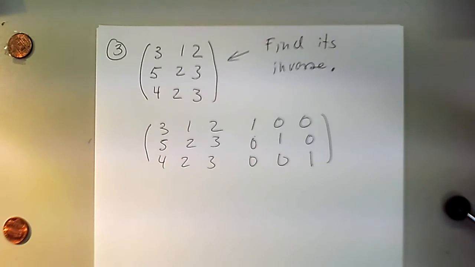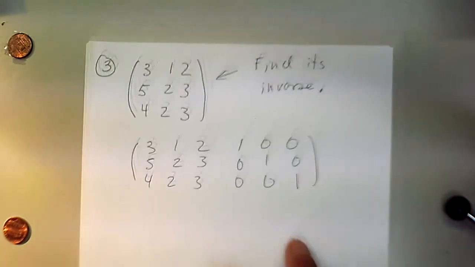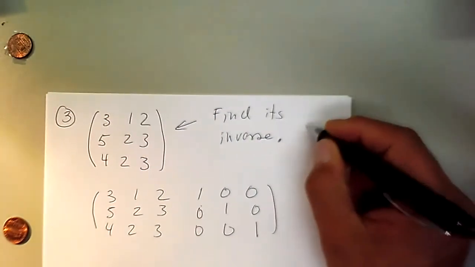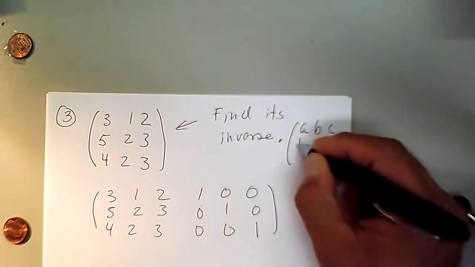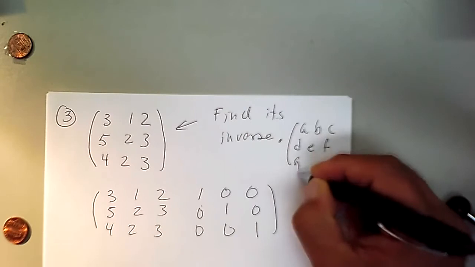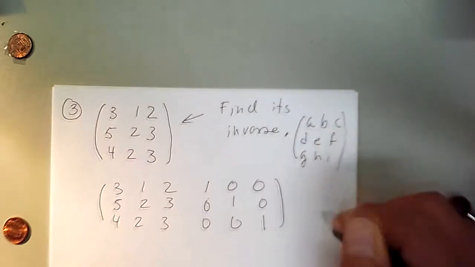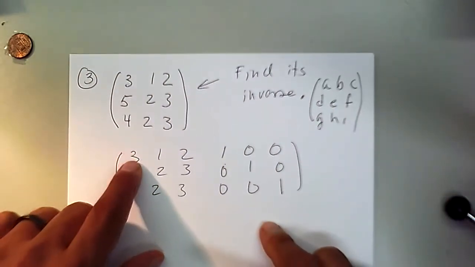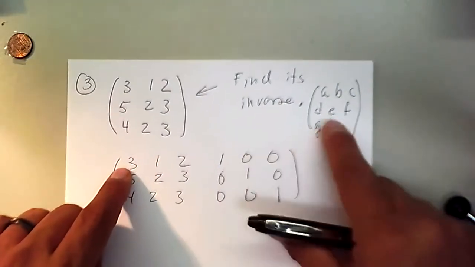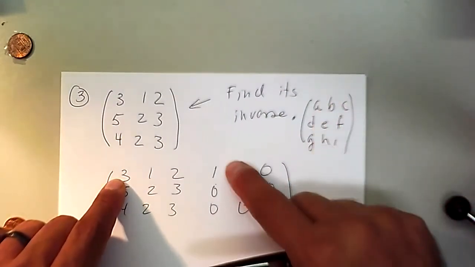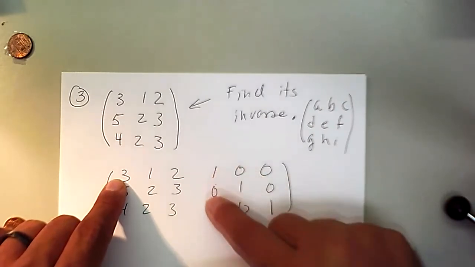Yeah, I'm going to write them on a different piece of paper here. So we're going to assume that it is A, B, C, D, E, F, G, H, I. There we go. So when we end up with 1, 1, 1, and zeros everywhere else, we're going to find A, D, G if we match with this column.